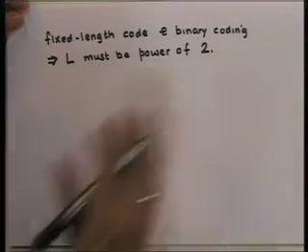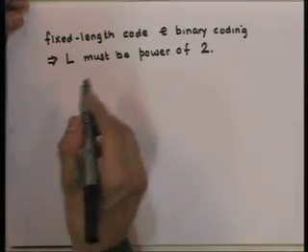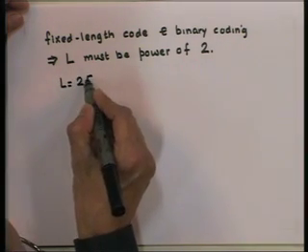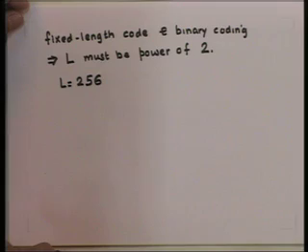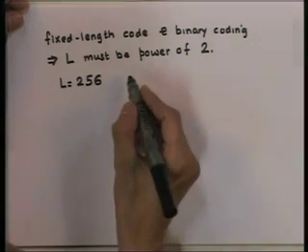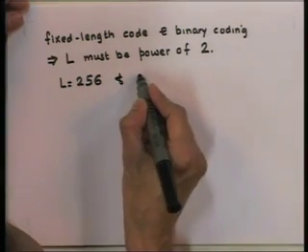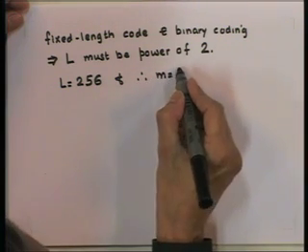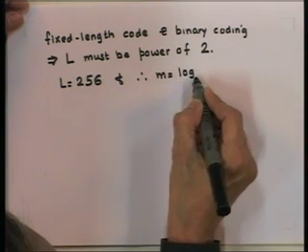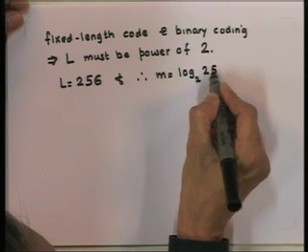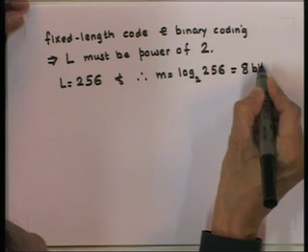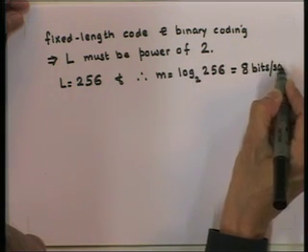Hence, the next higher value of L, that is the power of 2, is L is equal to 256, and therefore, m is equal to log to the base 2 of 256 is equal to 8 bits per sample.